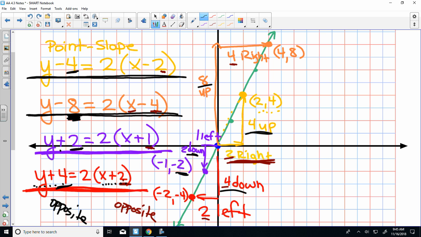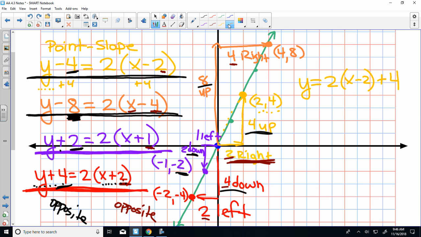Now, one other thing you could do with these equations, actually you could do lots of different things, but the one we're going to look at is if you took this equation here and solved it for y by getting y by itself. You would have to move the 4 to the other side by adding 4. And then you get y equals 2 times x minus 2 plus 4.